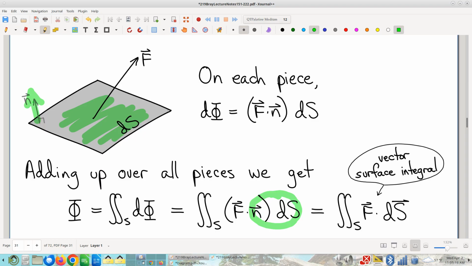So I think that makes loads of sense, and the notation that we use to put these together, to represent that this is in fact a single thing telling me about one single little piece of my surface, we call it the ds vector, and it's just little n times the ds scalar. Okay, so that's the vector surface differential, I'd call it.